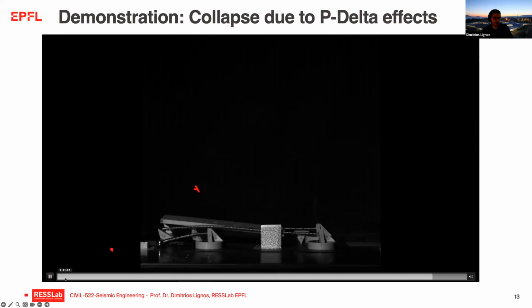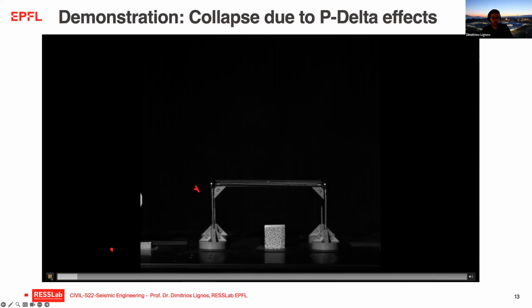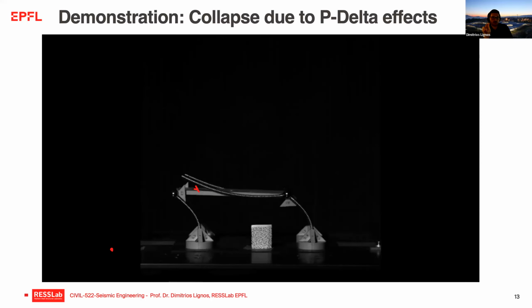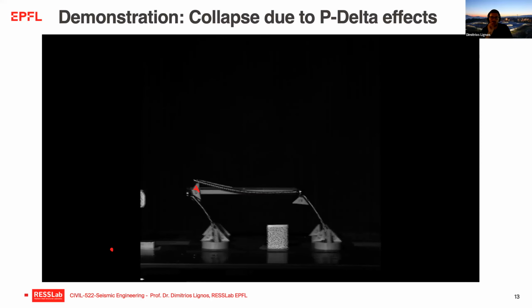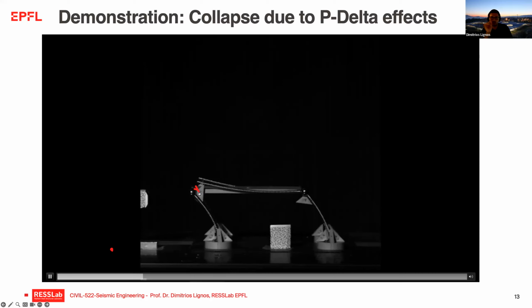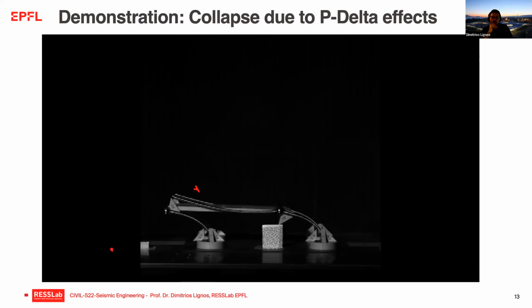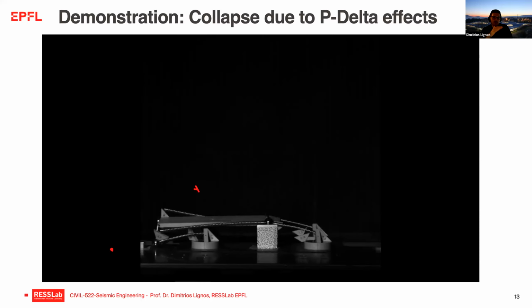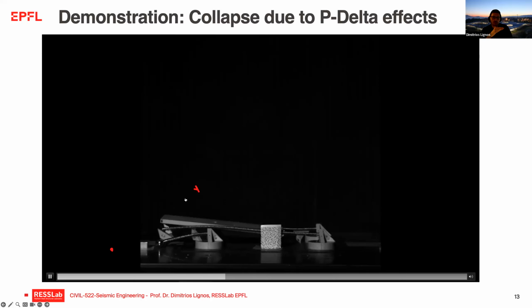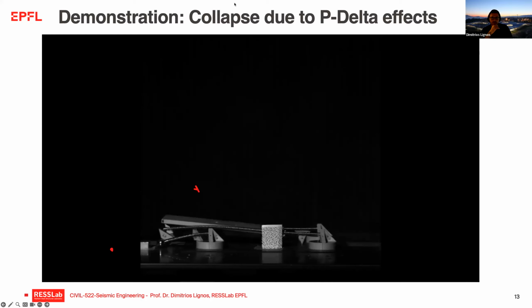If I go back here and monitor carefully, you see that the minute I have loss of strength because of the detachment, I have a complete change in stiffness, and eventually the frame collapses because the gravity load sustained from the plate creates a second order shear and makes everything collapse.